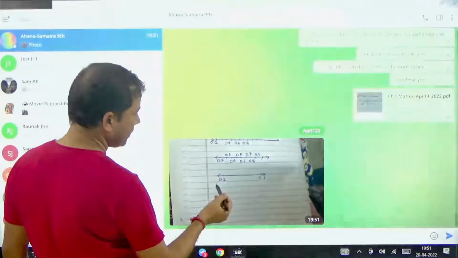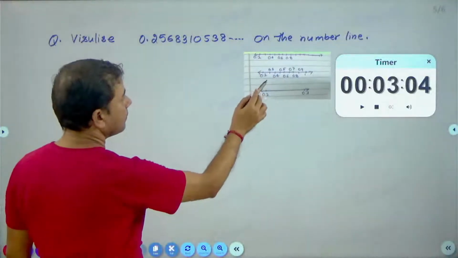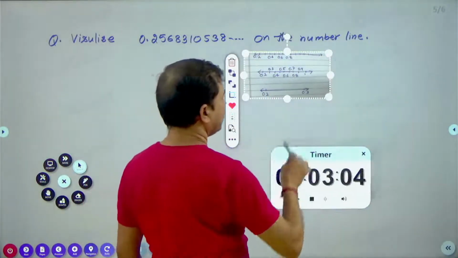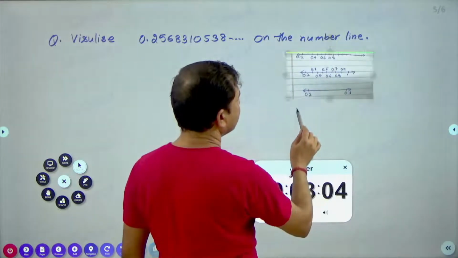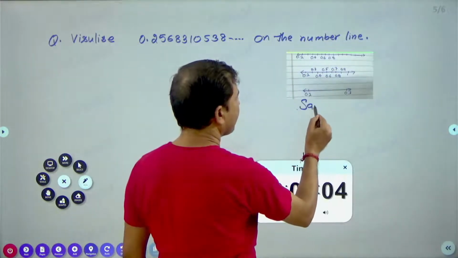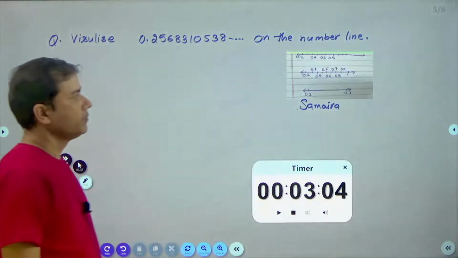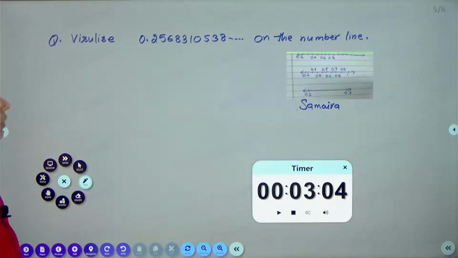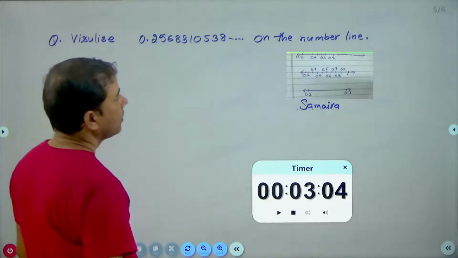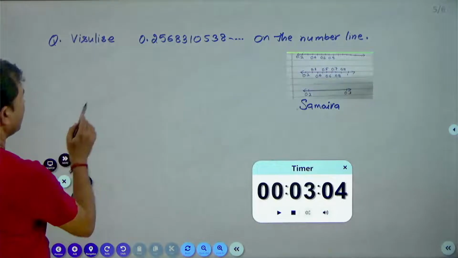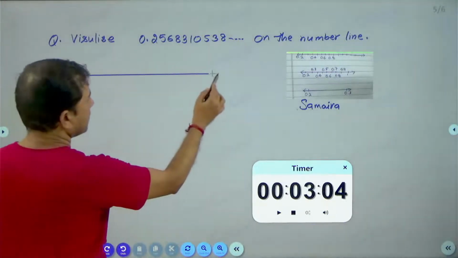Whose work is this? Amira. Okay, see here now. The first number line.